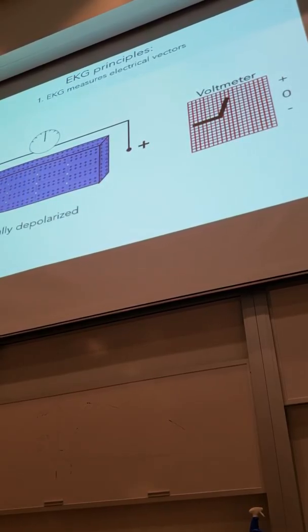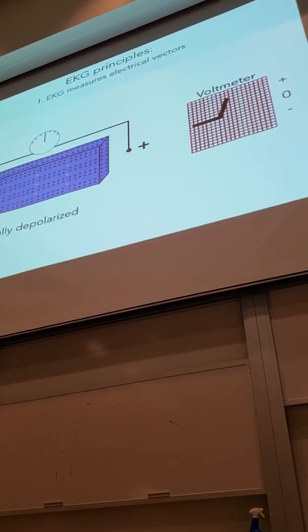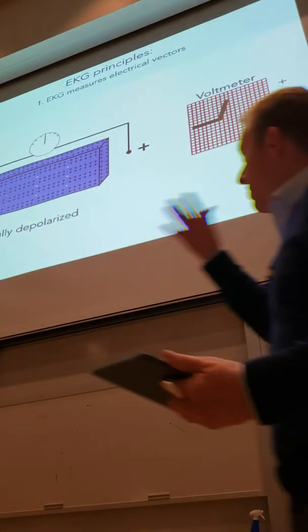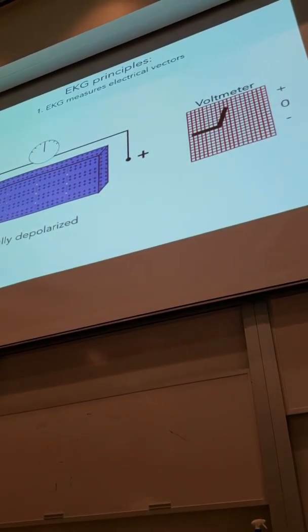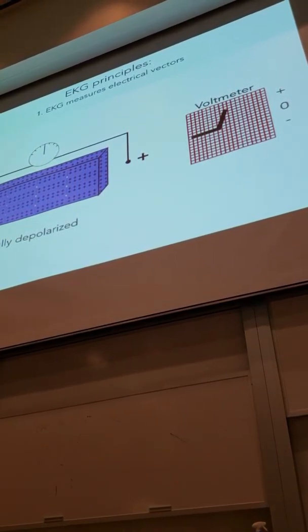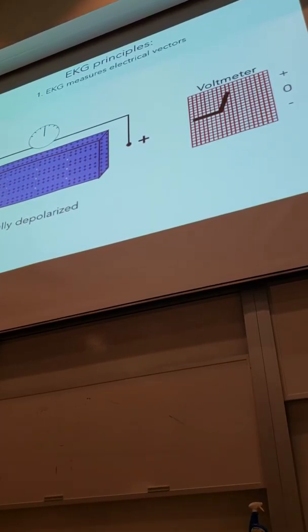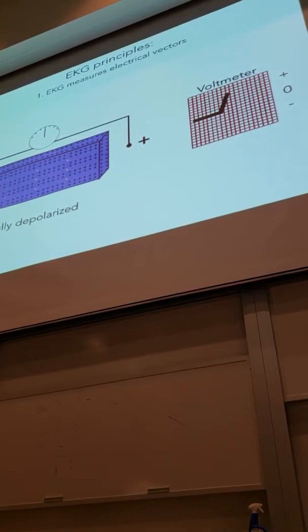Okay. Once it's fully depolarized, once all of these cells have depolarized, let's say they're at plateau, plus 30 or something like that, what's going to happen now once everything is depolarized? It goes back to neutral, right?